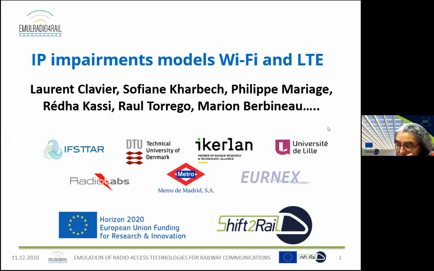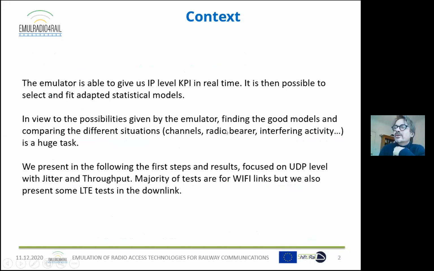So I'm going to follow up the presentation. When the emulators are running, we are able to have a lot of measurements, a lot of tests at least. And we are able to have a lot of KPIs at the IP level, in real time, in different scenarios.